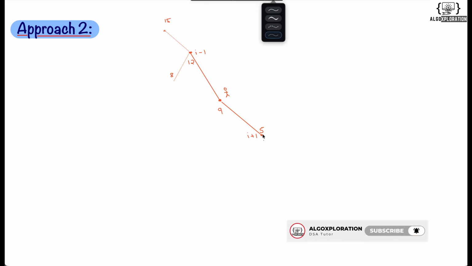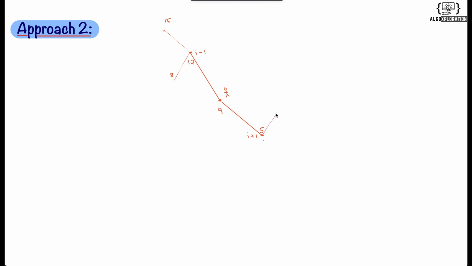If it is greater than 5, this will look like this, and if it is lesser than 5, this will look like this. Let's imagine that the values are 8 and 3. In both the scenarios this 5 can never be the peak, right?